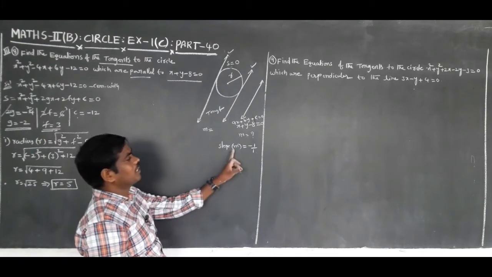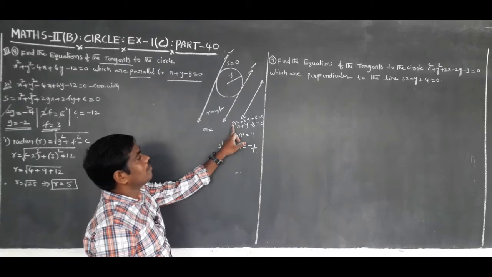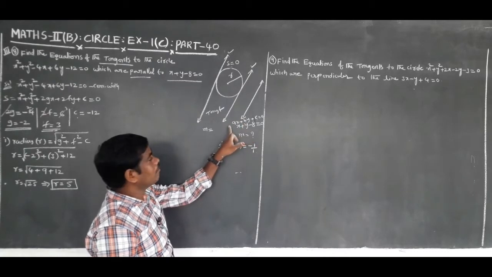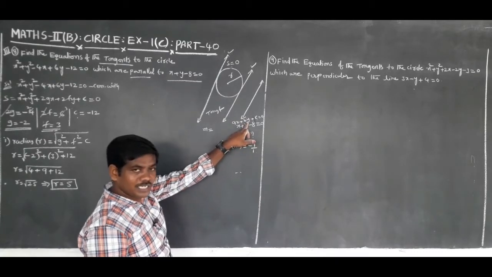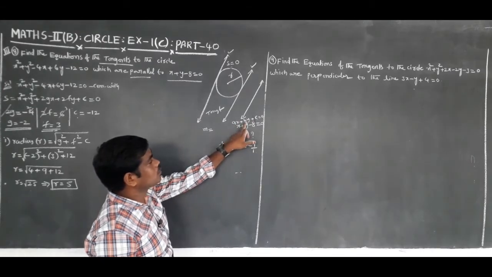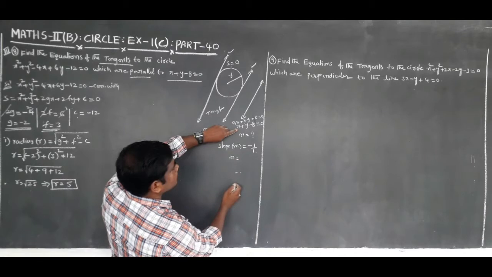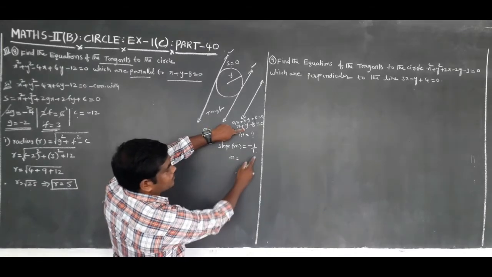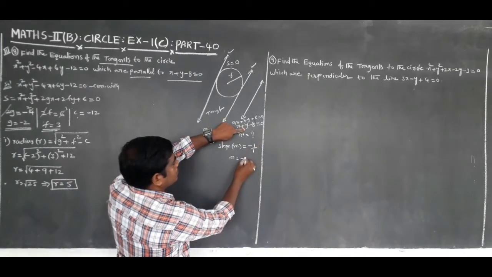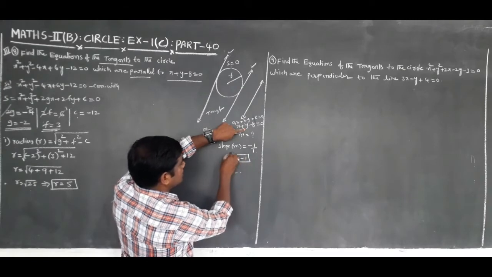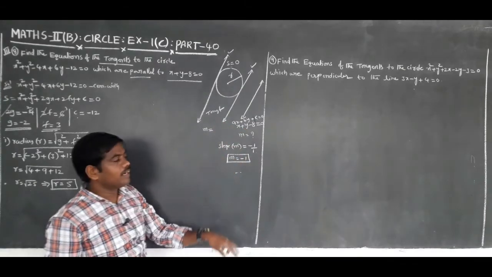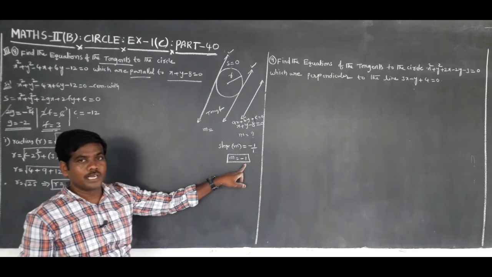The slope of the line is equal to minus a by b, which means minus x coefficient by y coefficient. Here x coefficient is 1, y coefficient is 1, so 1 by 1 is equal to 1. Here the slope of the given line is equal to minus 1.